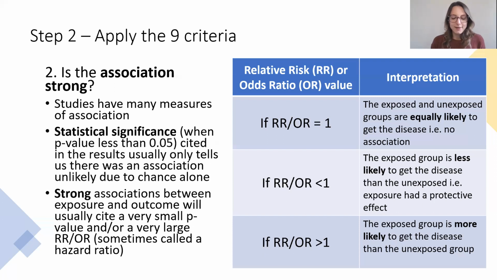Now, let's say I told you that a study gave you a relative risk that was higher than 1, but that they said that it was not statistically significant. How would you interpret that association? What would you say about it? So even though it's greater than 1, they say that it's not statistically significant. What do you guys think?